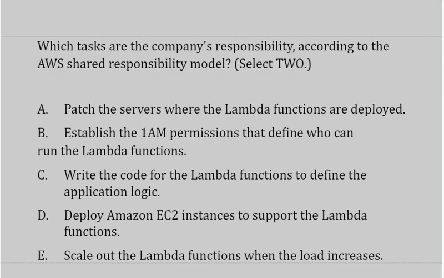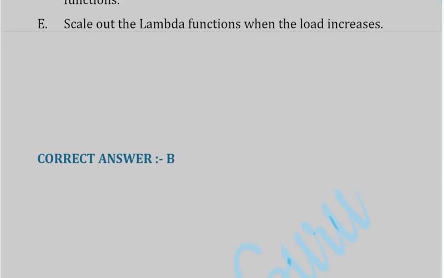Option B. Establish the IAM permissions that define who can run the Lambda functions. Option C. Write the code for the Lambda functions to define the application logic. Option D. Deploy Amazon EC2 instances to support the Lambda functions. Option E. Scale out the Lambda functions when the load increases. Correct answer is option B.